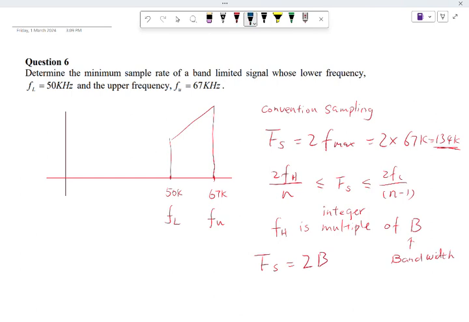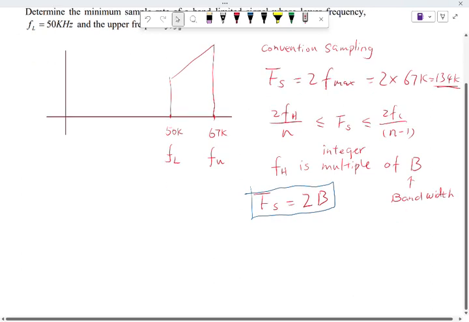So that's the theorem we're going to use. What I mean by a multiple of bandwidth, let's look at an example.